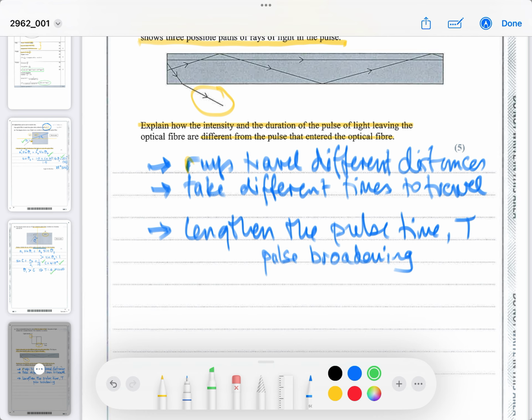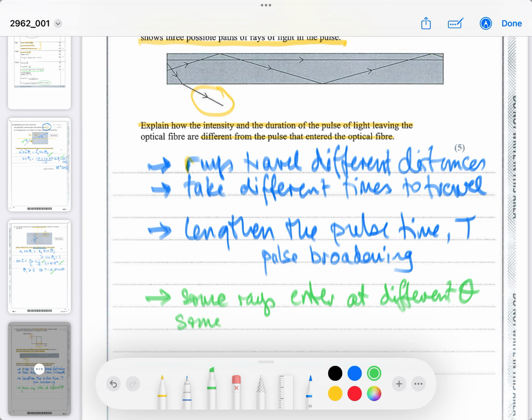Again, some rays enter at different angles. I'll just put theta for short, you can change it.